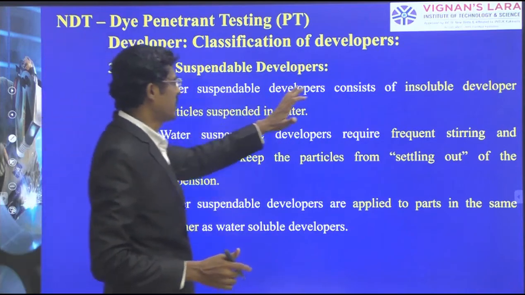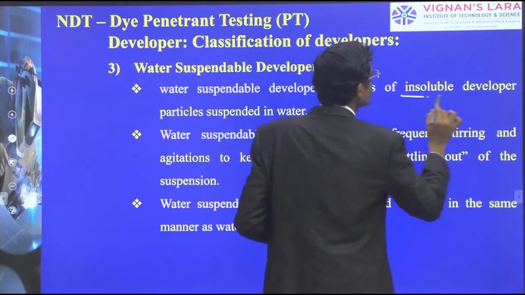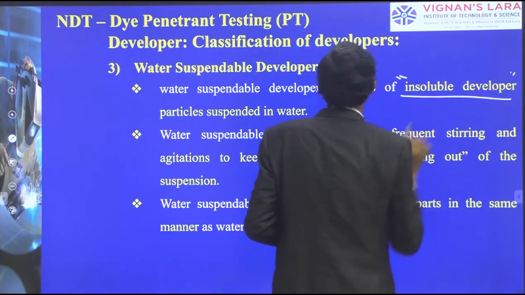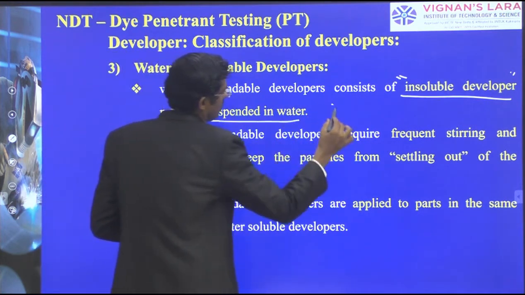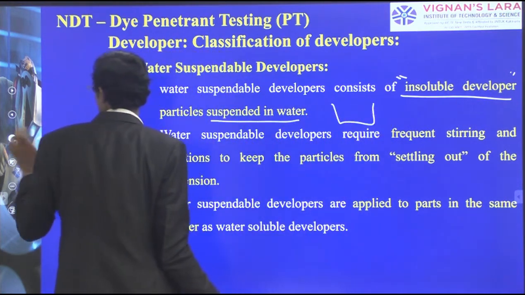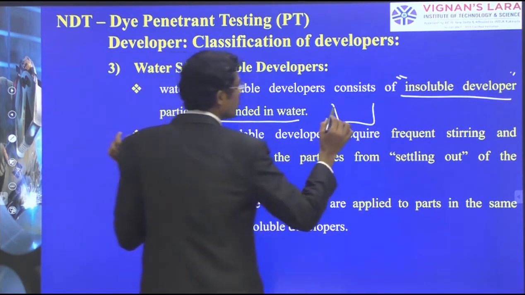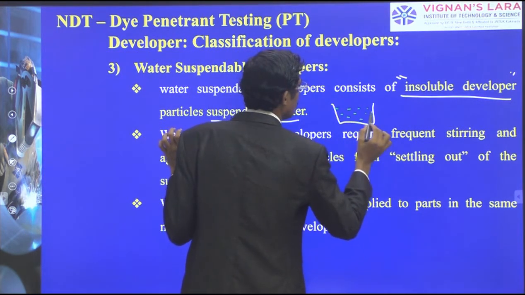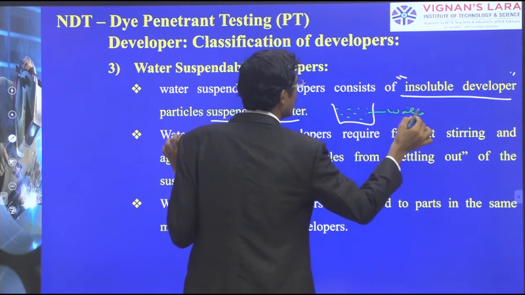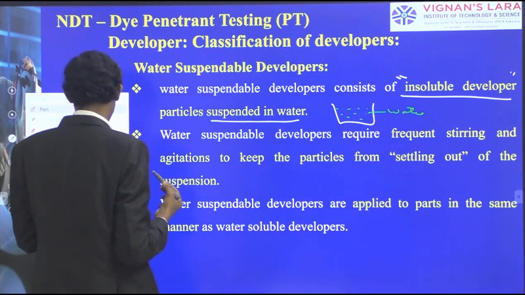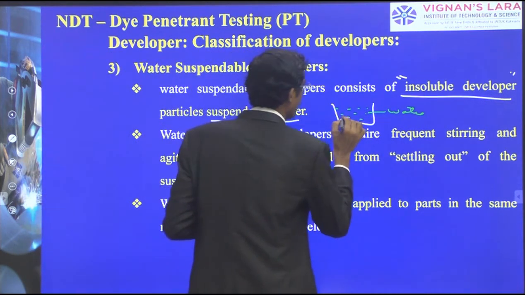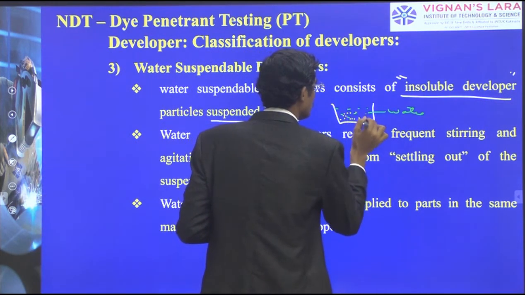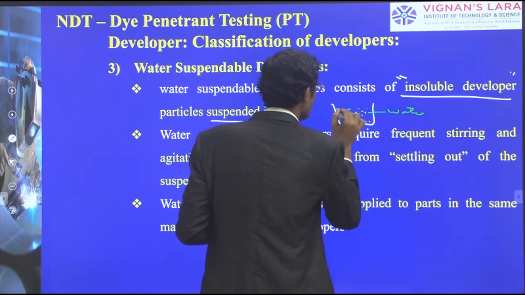Water suspended developer consists of insoluble developers, developer particles suspended in the water. So here is the bath. On the bath we have water, and in the water I have particles. It is insoluble.